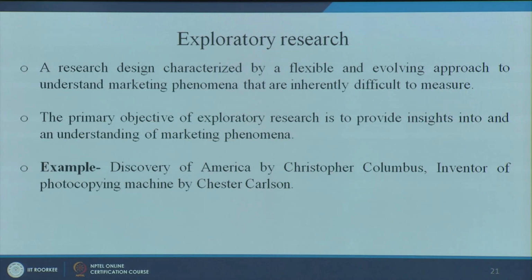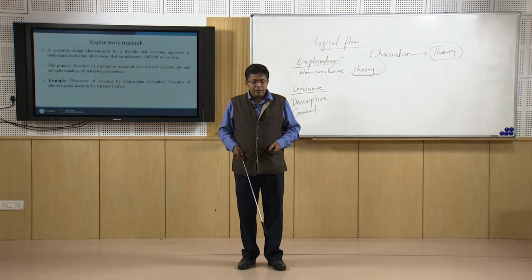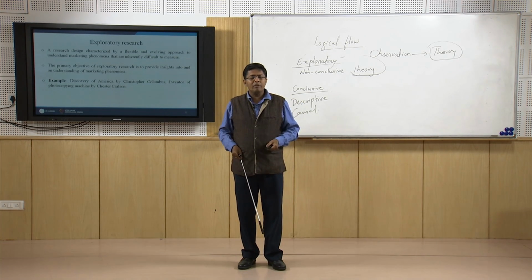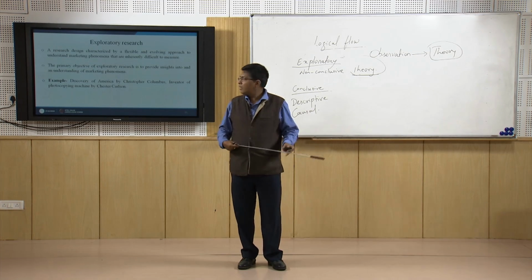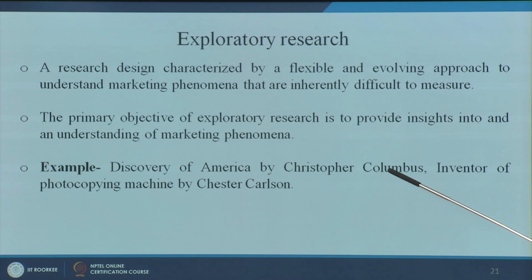So, as I started with the exploratory study, the primary objective, it is very flexible obviously, right. You do not know anything here. So, it is a flexible and evolving approach to understand marketing phenomena that are inherently difficult to measure. For example, when I do not understand how people will react. Take the discovery of America by Christopher Columbus.